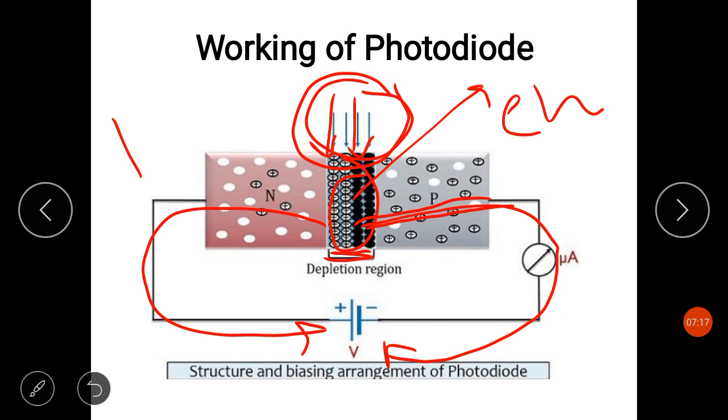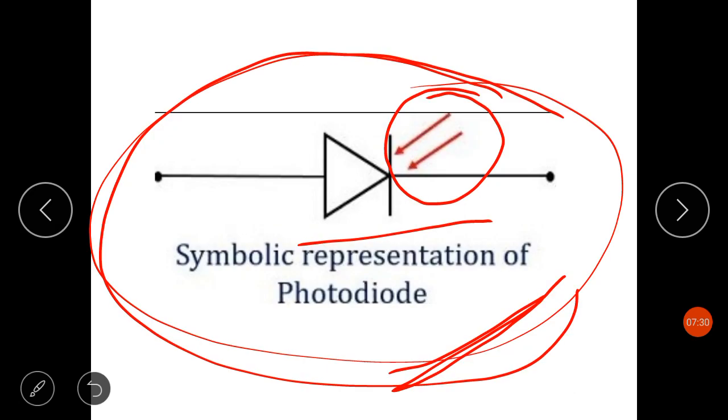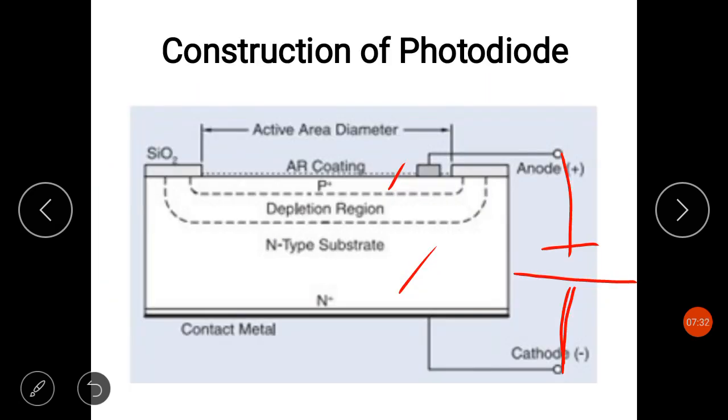Now one point you have to note here is that in a photodiode only the PN junction portion, that is the depletion region portion, as you can see in the constructional diagram, must be exposed to light.